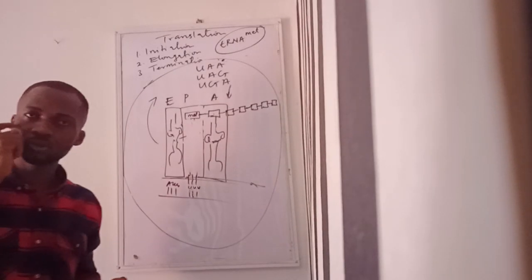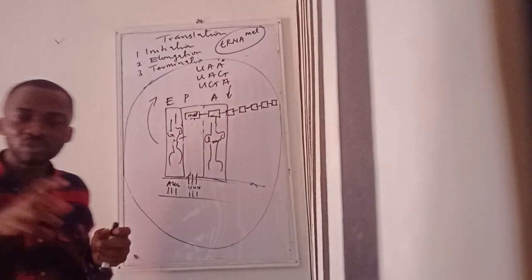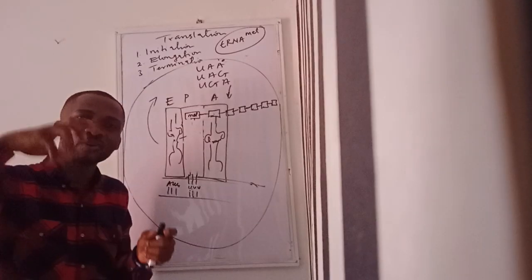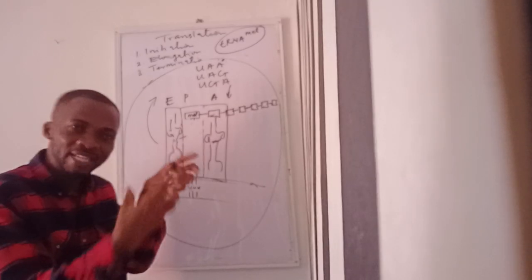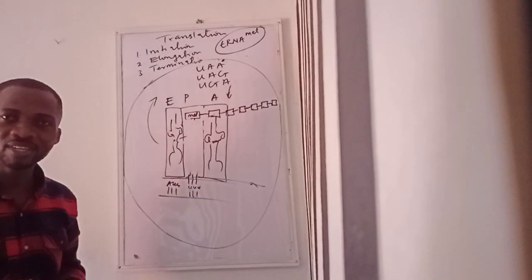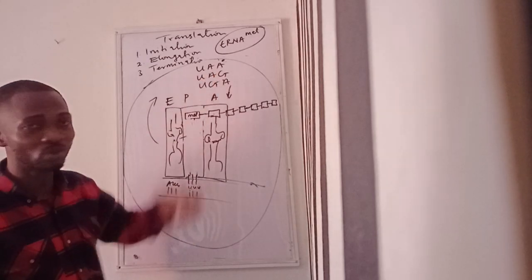Once these nonsense codons are encountered, there is no transfer RNA that contains the correct anticodon that will bind with the nonsense codons.